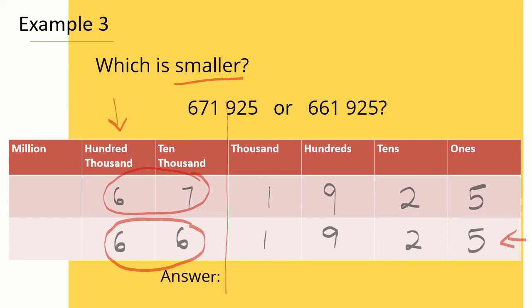So the answer is 661,925, or you can write down the answer as 661,925 smaller than 671,925.